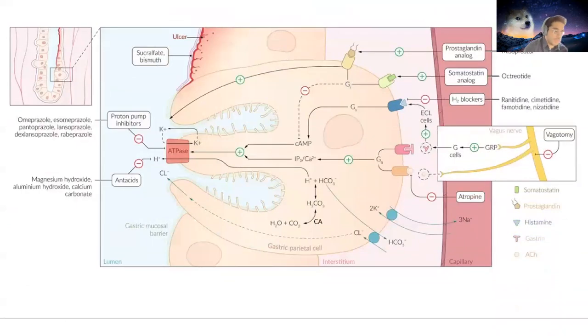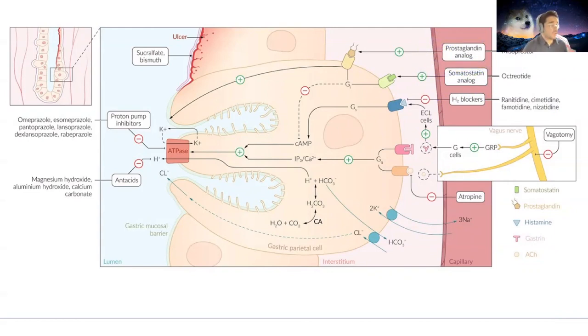Here is the full pathway of drugs and things and how they work. I just threw it in because you guys needed a bigger picture of everything instead of just looking at everything in a silo. So feel free to run through it. Here's atropine that I mentioned to you guys. Here are the H2 blockers that I mentioned, somatostatin analogs, prostaglandins, right? This is why we don't take NSAIDs on an empty stomach, because they shut down your prostaglandins.